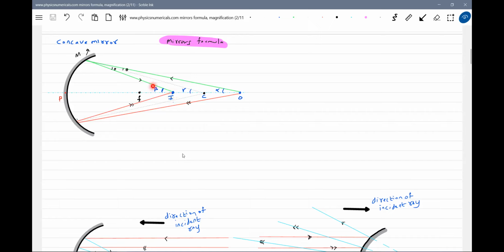Look at the reflected rays, they're converging, so this should be a real image. Look at the object, these incident rays are diverging from a point, so this should be a real object. So for a real object, we're getting a real image.